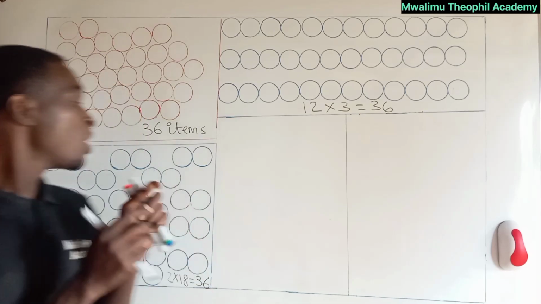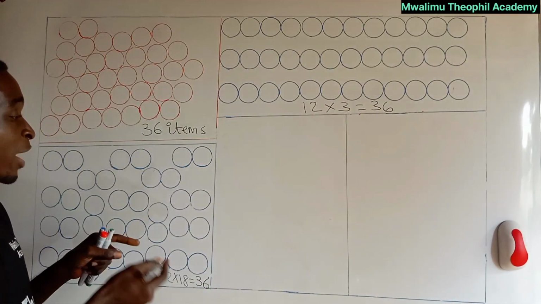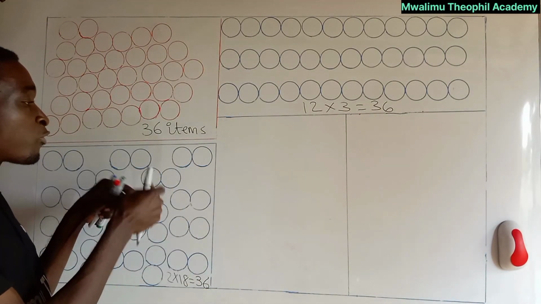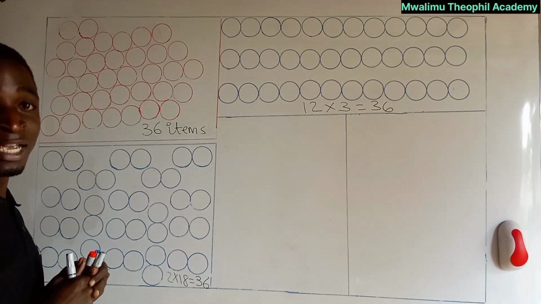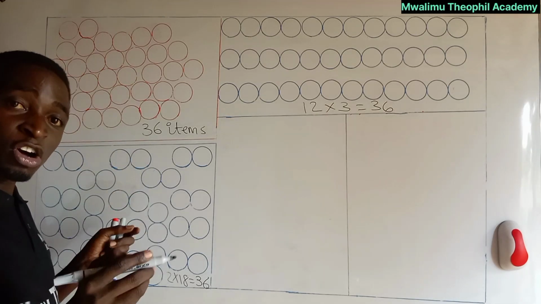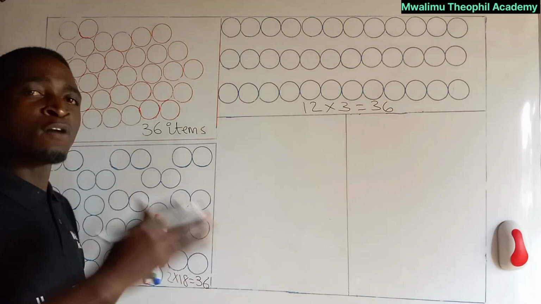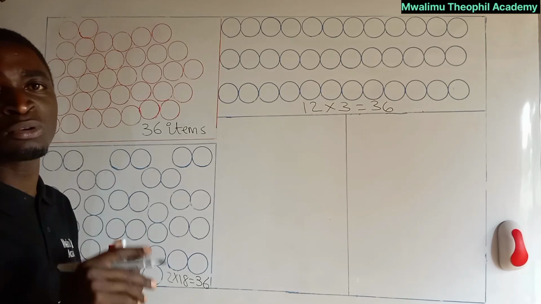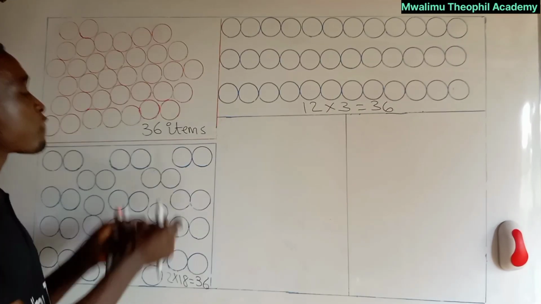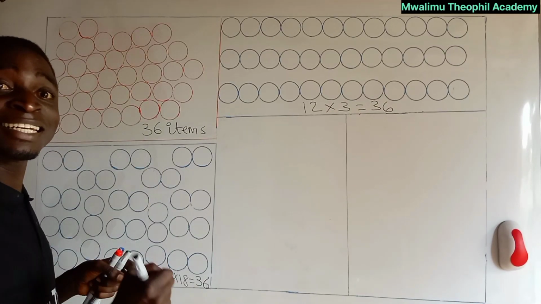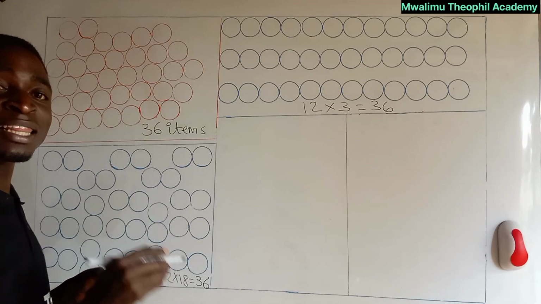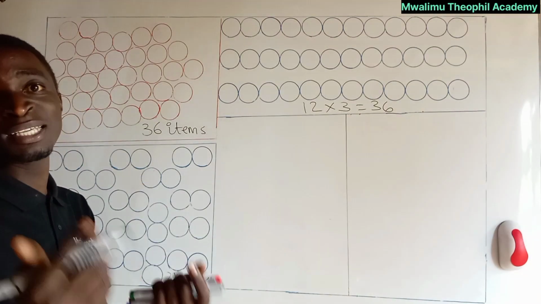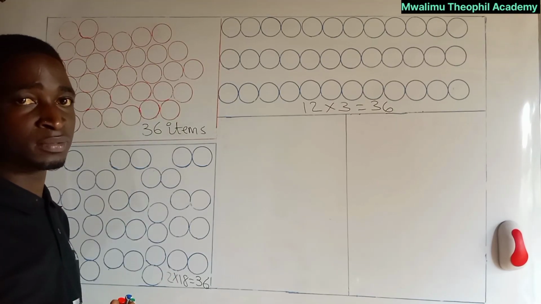For example, when the items were arranged in groups of 2 items each, it became easier because you take the number of groups and multiply by the number of items per group. That's why we counted 18 and took 18 times 2, because each group has 2 items.